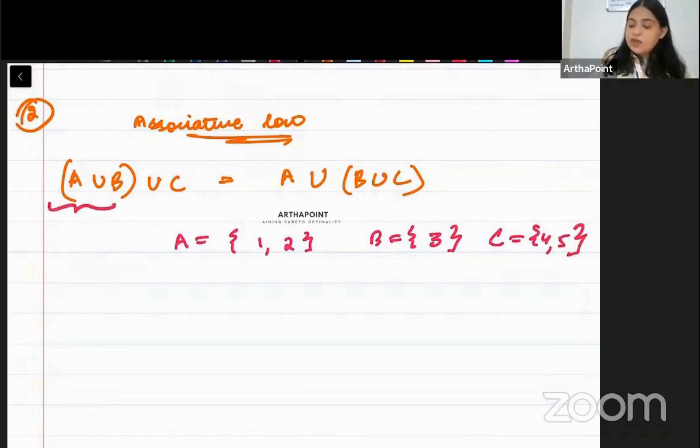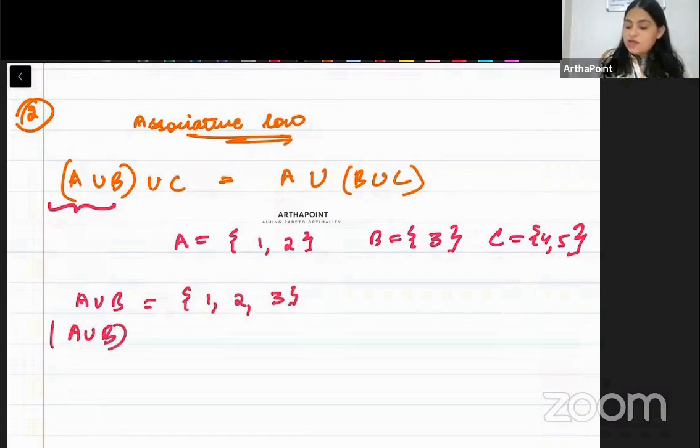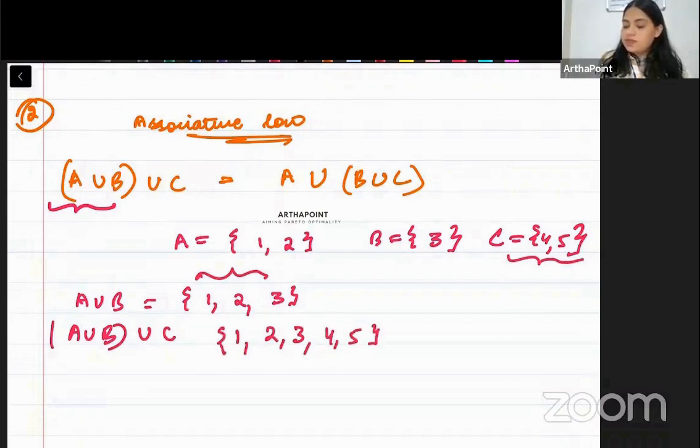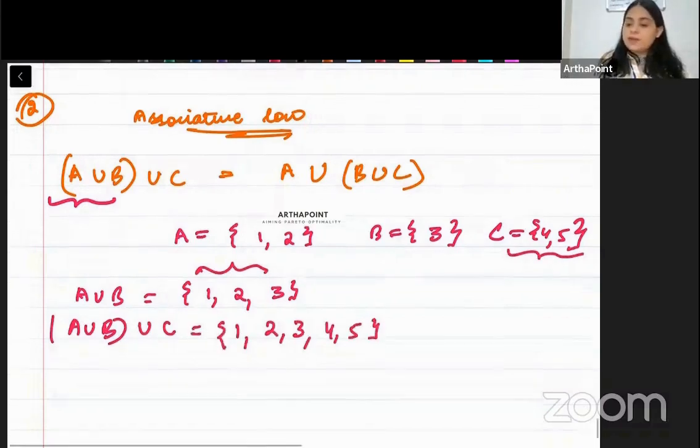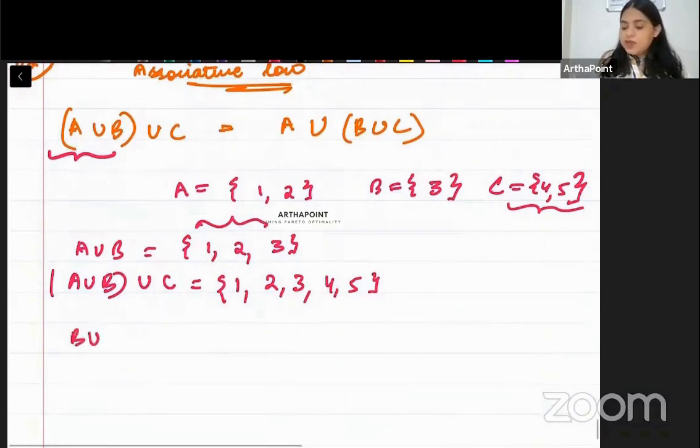So beta, A union B क्या होगा? All elements of A and B, 1, 2 and 3. Now if I do इसका union with C, so जो भी elements इसमें है plus इसके elements, it will be 1, 2, 3, 4 and 5. Now revert it. If I find out what is B union C, so all elements of B and C, so it will be beta 3, 4 and 5.